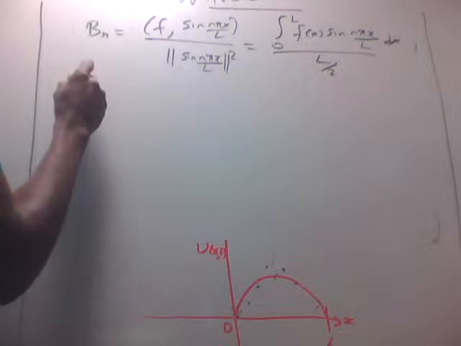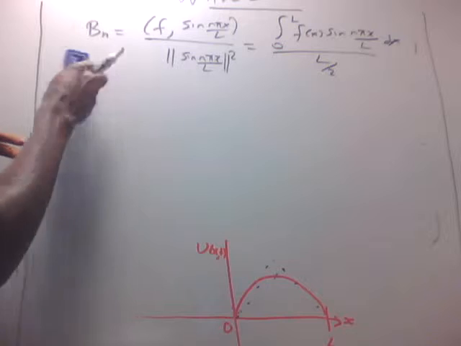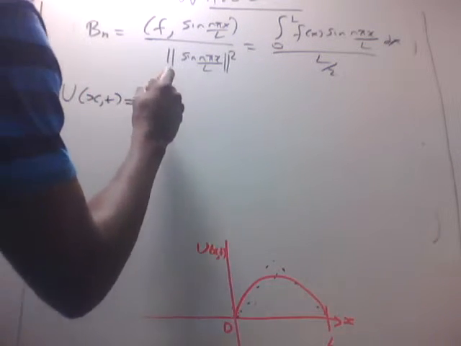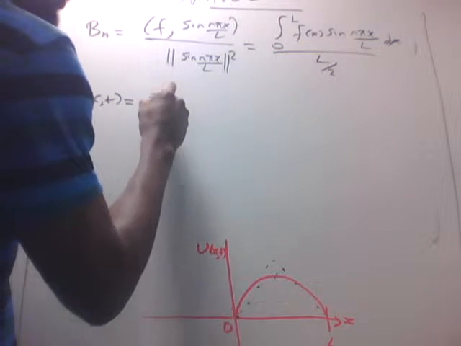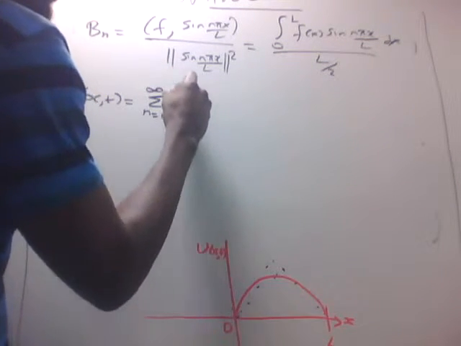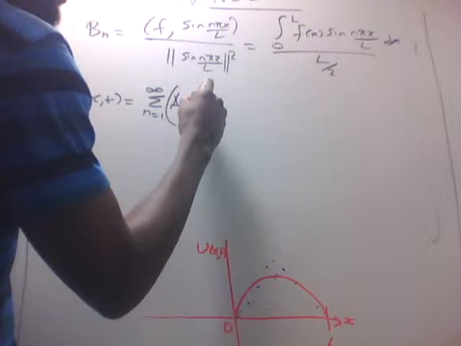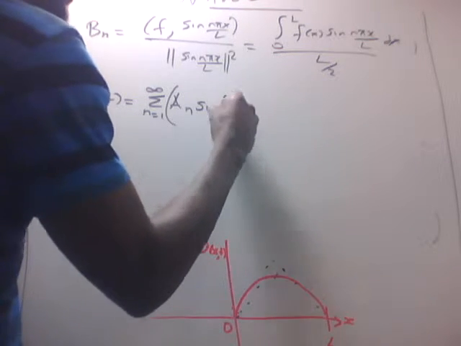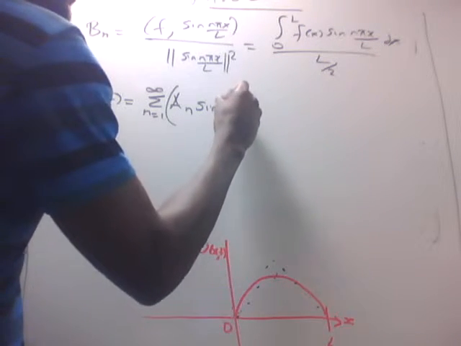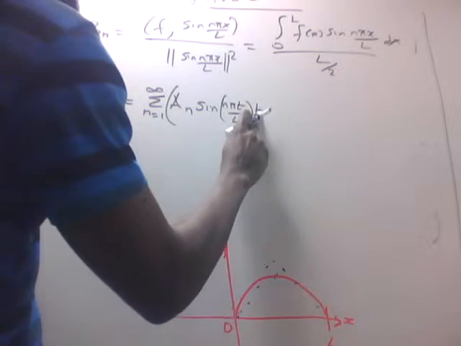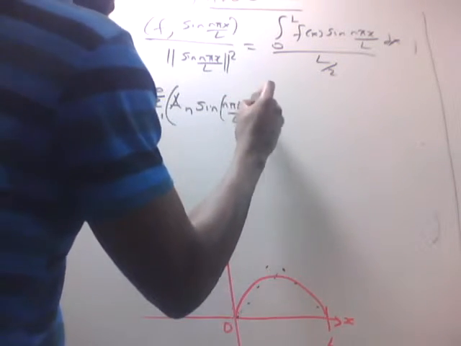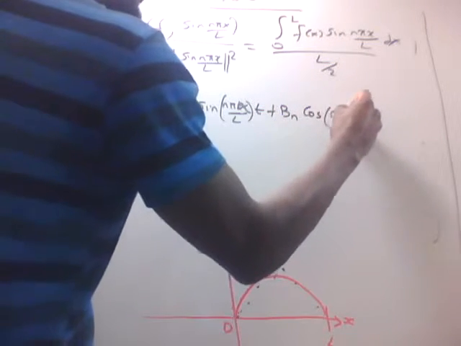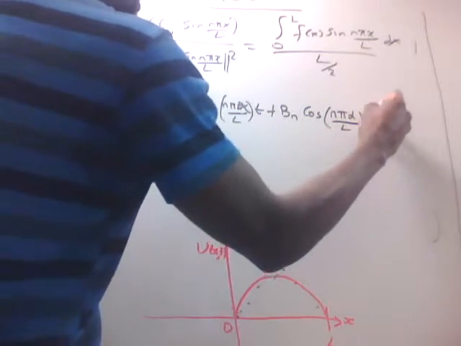Remember, we have a second condition, so that should allow us to determine the other set of coefficients an. So u(x,t) was the summation of an sine n pi alpha over L t plus bn cosine n pi alpha over L t.